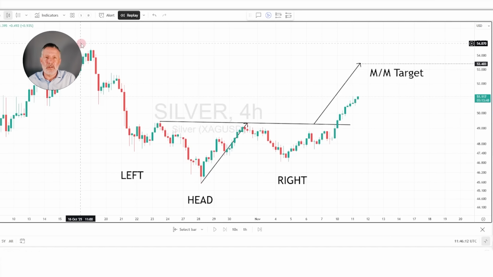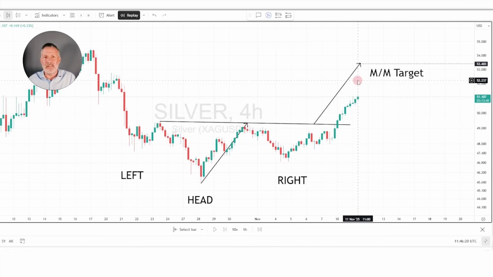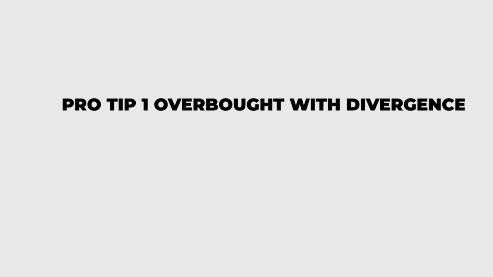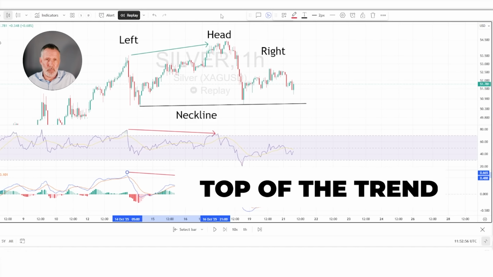All of this information can be applied to the opposite pattern. This is known as a bullish reverse head and shoulders formation and signals a positive reversal. Let's move on to the pro tips section. Pro tip number 1. We've already discussed how the head and shoulders formation is more powerful if it's seen at the top of a trend.